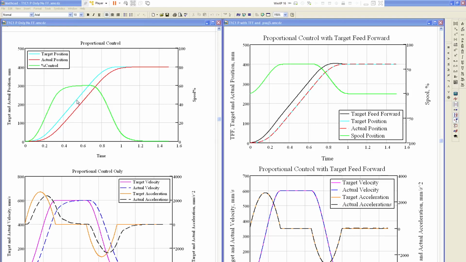You can see there's a lag between target and actual. And here the target and actual are right on top of each other. And the way that I did that is by having what I call a target or command feed forward, which is this black line. And this is kind of analogous to holding a carrot out in front of a donkey. And what you're doing is you hold the carrot out where you want the donkey to go.